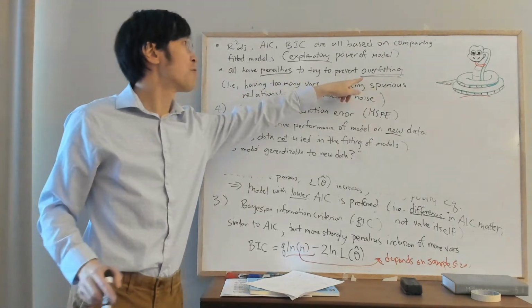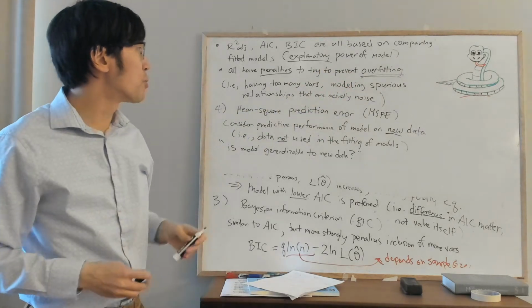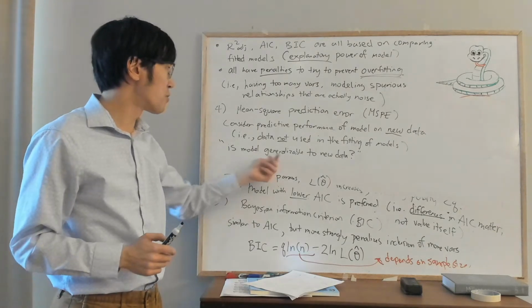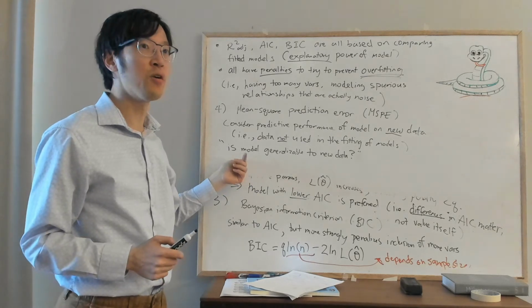What happens if we're spuriously fitting too many predictors to the model? Well, it's not going to do very well in general when we then test the model on new data.